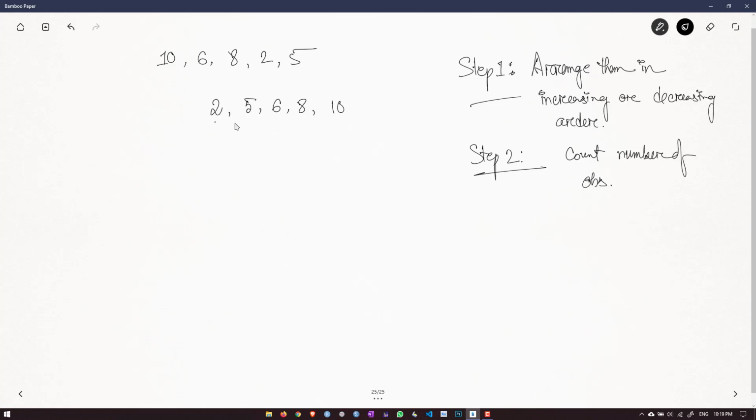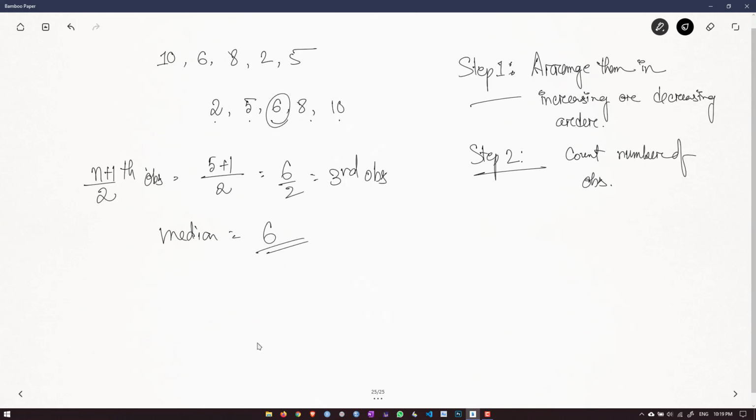So here we have 1, 2, 3, 4, 5 observations. That means odd. So in that case, we need n plus 1 divided by 2 at observation, right? So we have 5 plus 1 divided by 2, that means 6 divided by 2, that means third observation. So median will be the value of the third observation. What is the third observation? 6. So median will be 6.